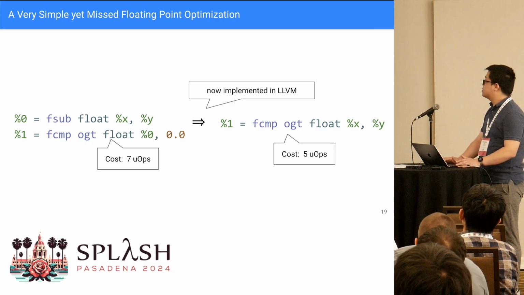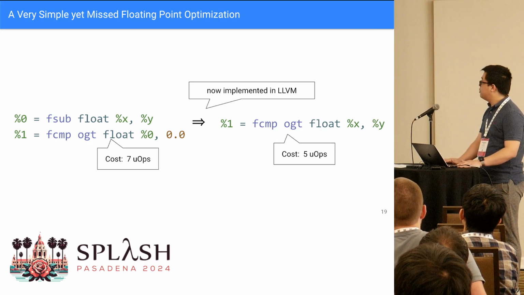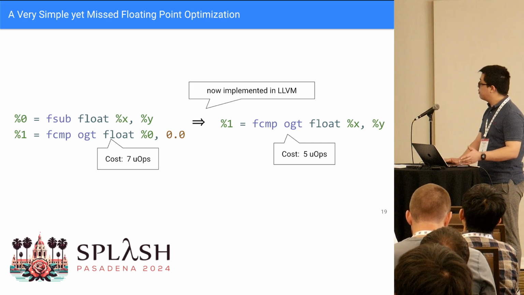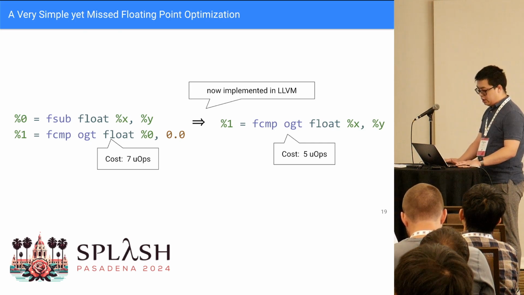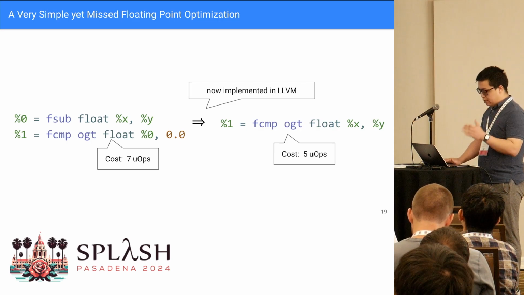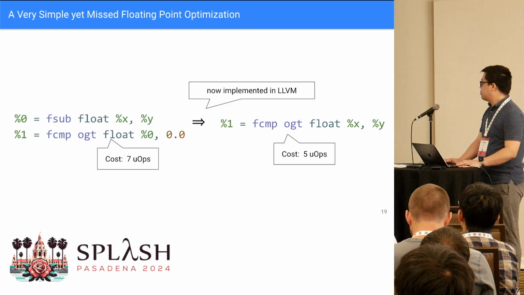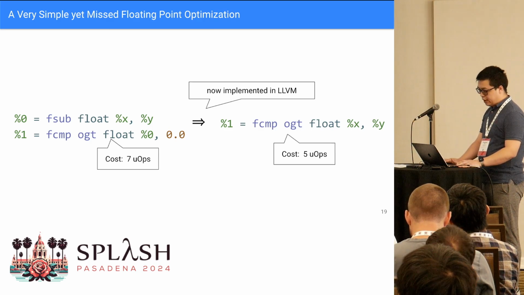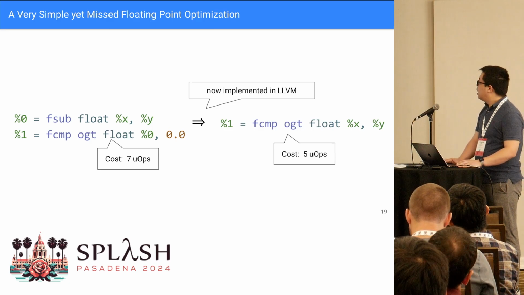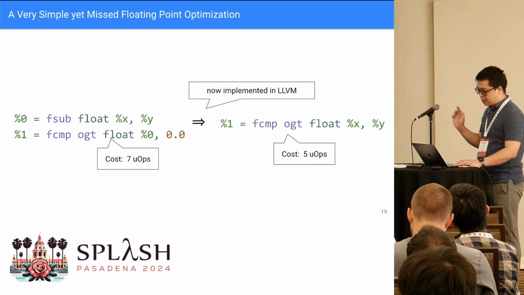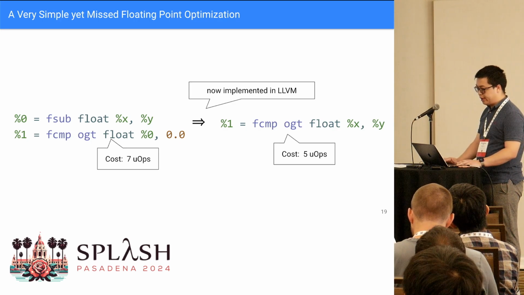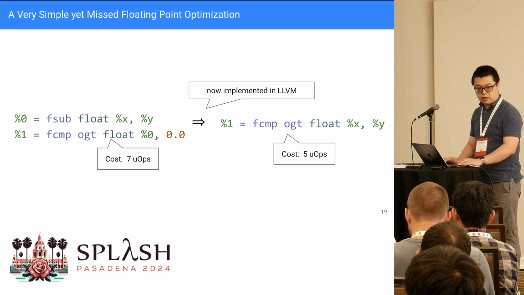It's perhaps surprising that LLVM, even a few months ago, could not perform this simple optimization, which reduces the cost from 7 macro operations to 1. So this exact optimization has been implemented in upstream LLVM as a part of our work.